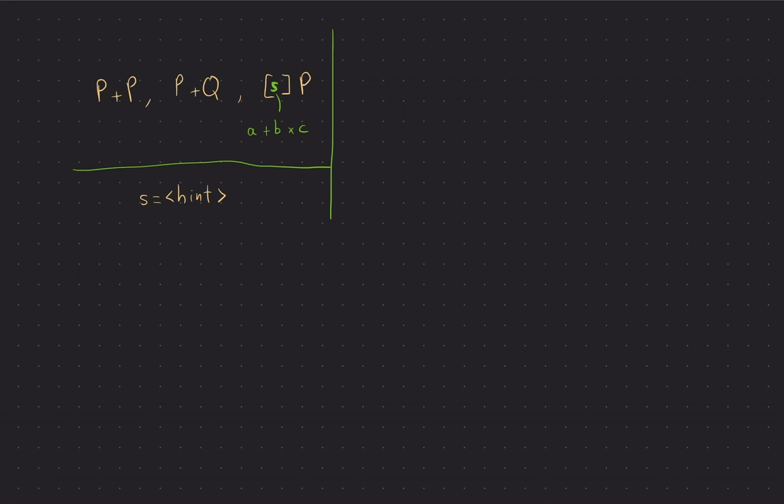If you want to use a private input, that's a hint. Usually when we do division, it's kind of hard to constrain. So what you do is you provide C, and then you constrain that A times C is equal to B, which is easier to do. So you have the prover just provide that value C, and then you constrain it.